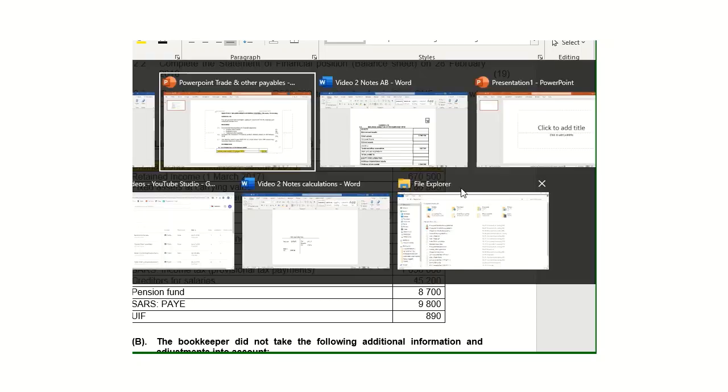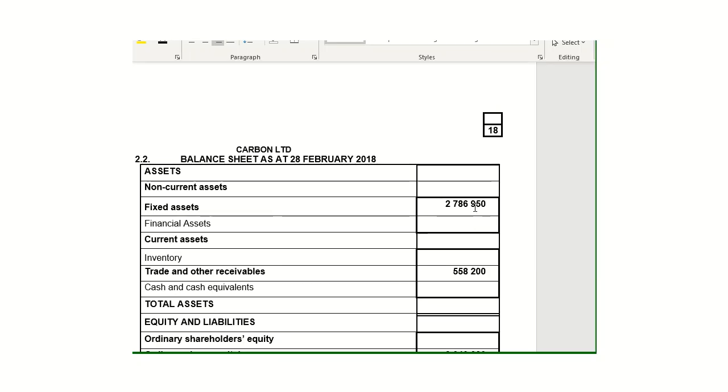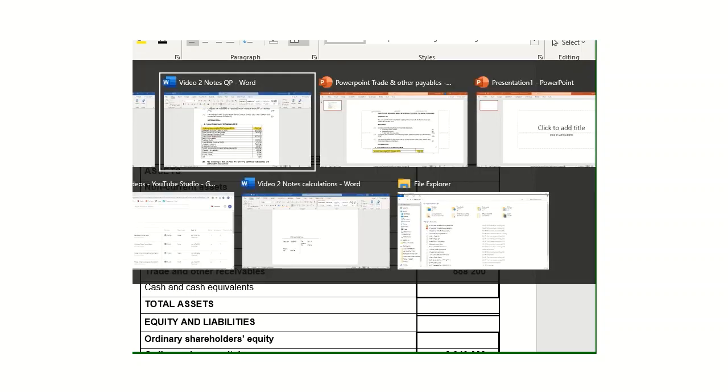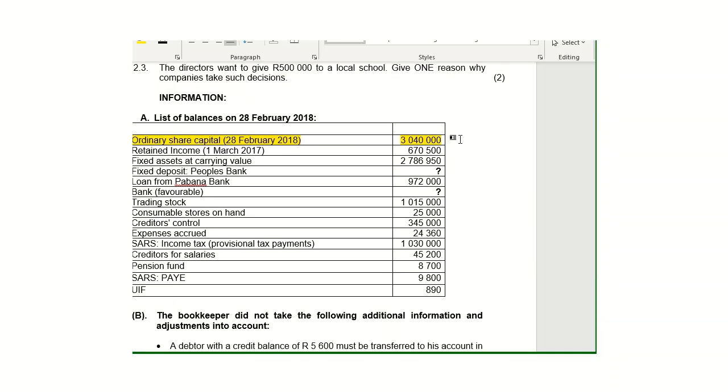Financial assets, that will be any fixed deposit that I've got in there. So let's go and see what I've got for fixed deposits on the question. Fixed deposit, question mark. So I need to go down and see if there's any information that can help me. There's something about the fixed deposit.